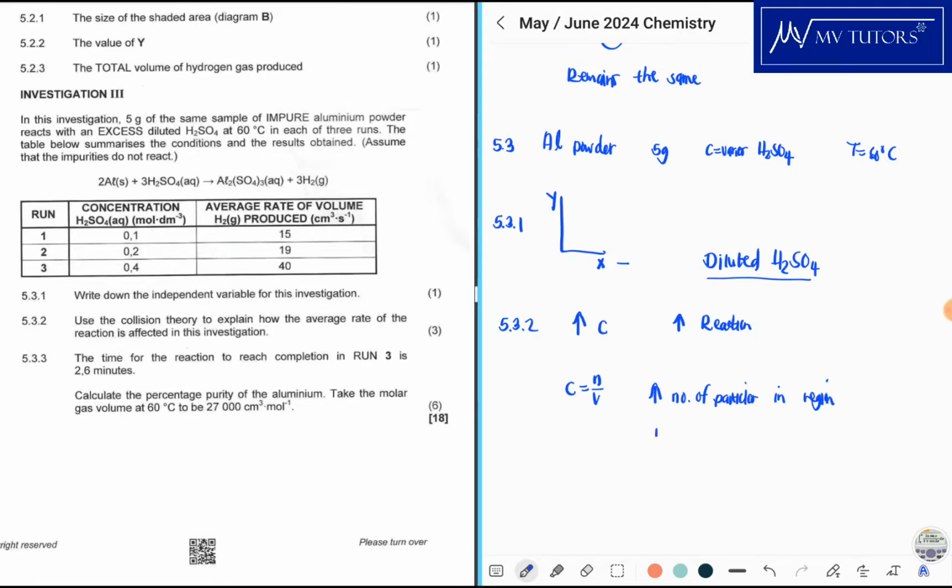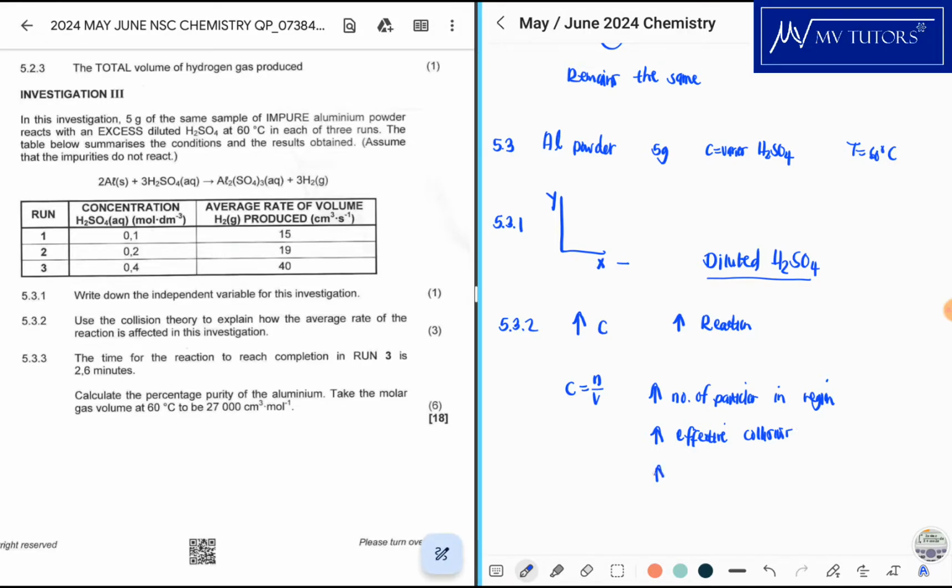And if they increase, it means now we have better collision. The likelihood of good effective collision will increase. So I'm going to say effective collisions that occur will increase. And if that's the case, then the rate of reaction also increases ultimately.